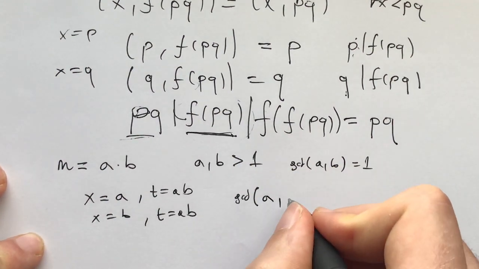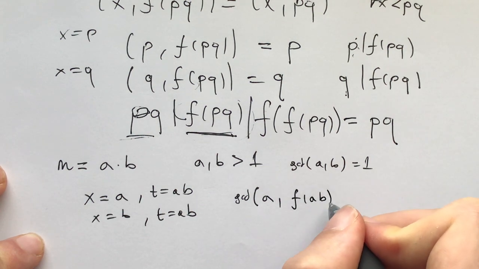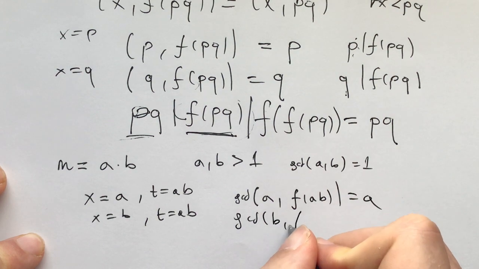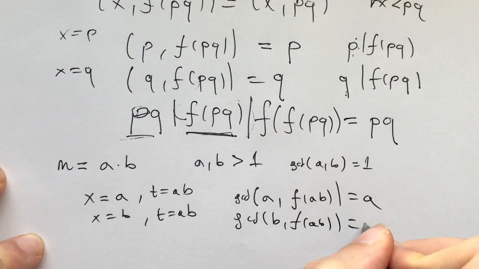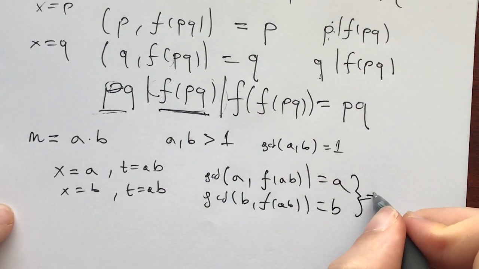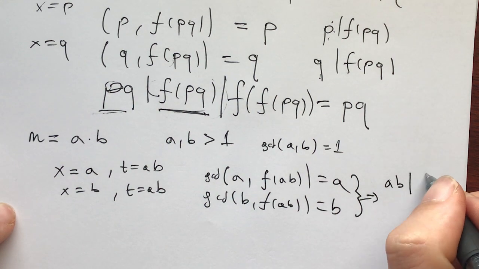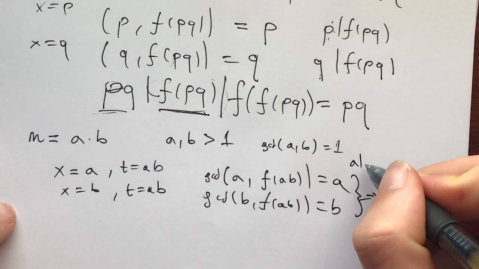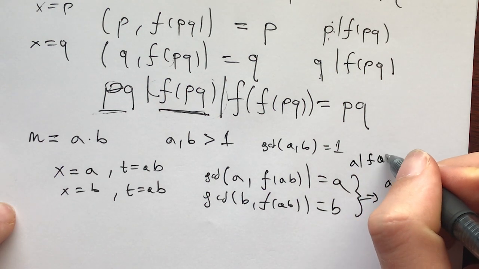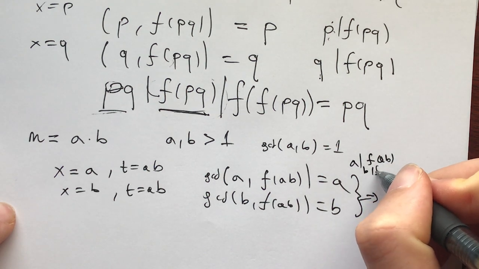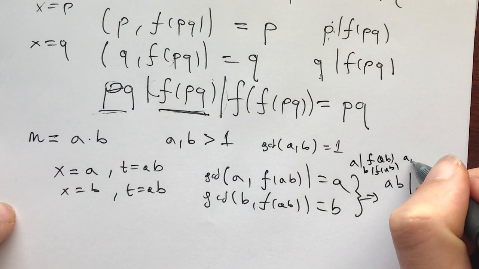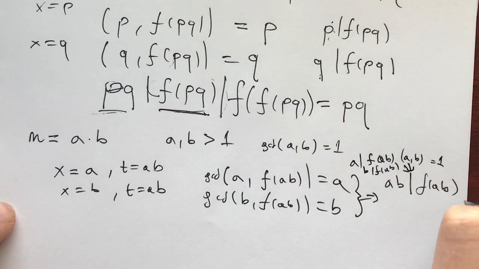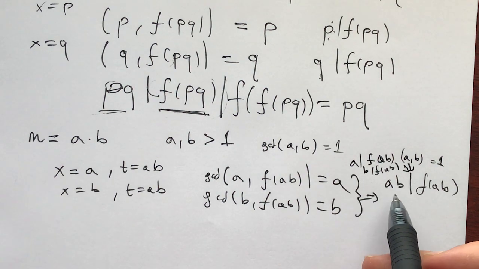The GCD of a and f of a times b is equal to a, and the GCD of b and f of a times b is equal to b. And this implies that a times b divides f of a times b. It's implied from the fact that a divides f of ab, b divides f of ab, and because a and b have a GCD of 1, that implies that a times b divides f of a times b.